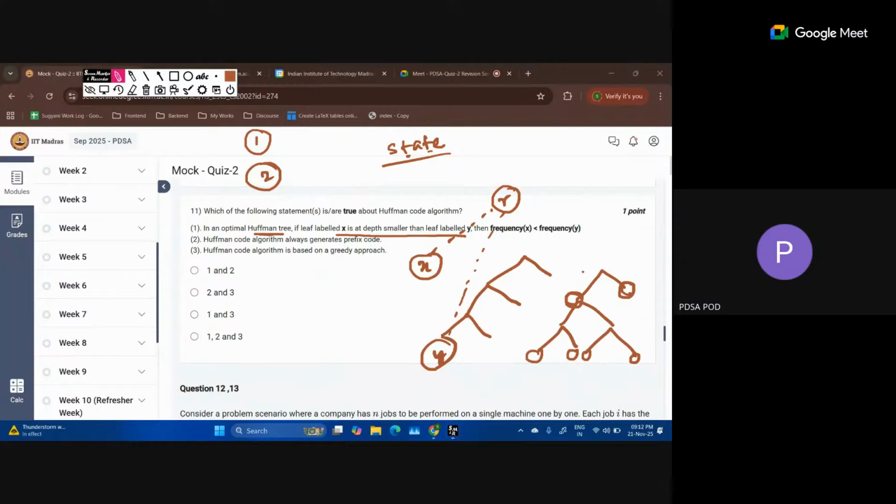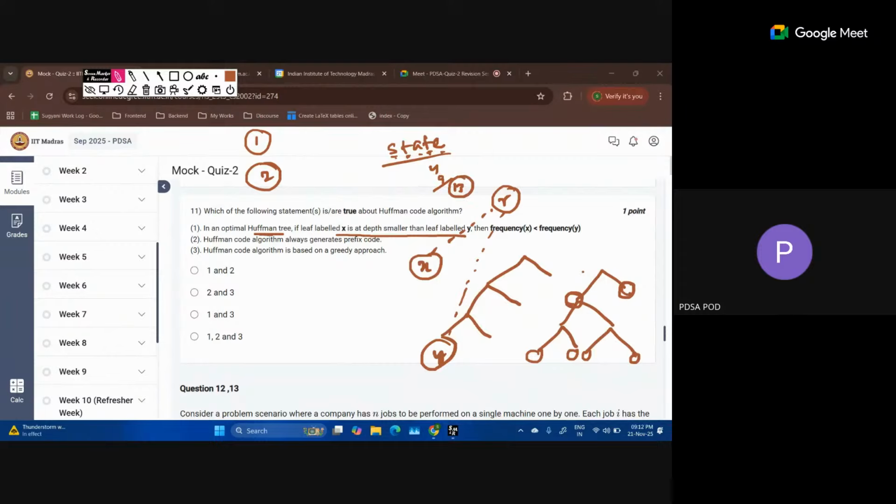So I don't want 5 different binary digits to represent T, because my length will become like 10. But if I use 2 digits to represent T and 3 digits to represent all the remaining letters, then I'll have 2 plus 2, 4 for T, and 3 plus 3 plus 3, which is 9, and it will be done with 13 digits.